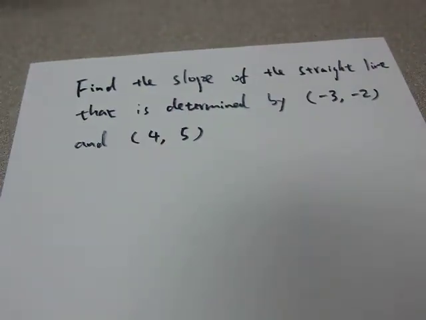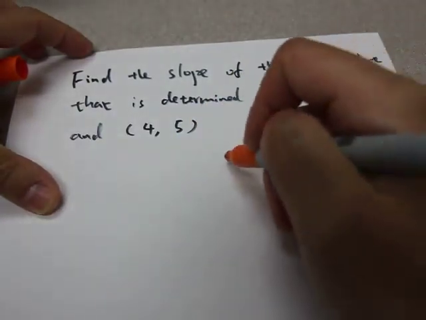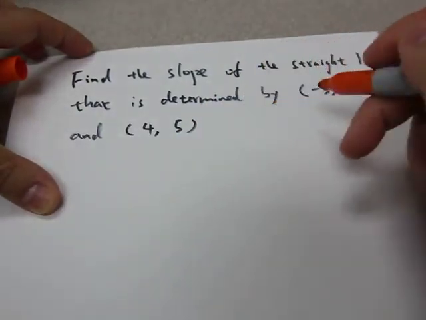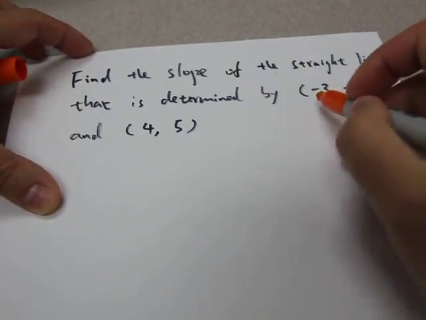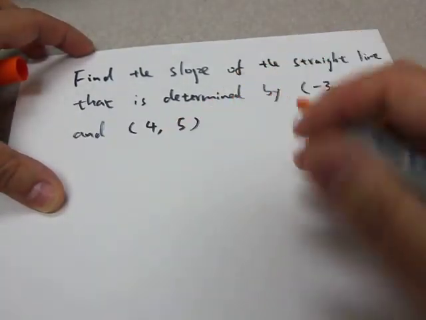So this problem is like we're given a straight line, and we know there are 2 points on this straight line, one is -3, -2, another is 4, 5.